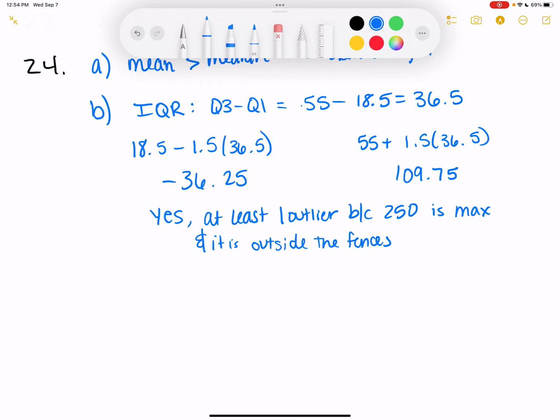Now remember, that doesn't mean that's the only one, but that's the only one we can tell directly from this information given. I think there's at least one on the worksheet, where we'll actually do it with the list of numbers. All right, part C, create a box plot of these data.